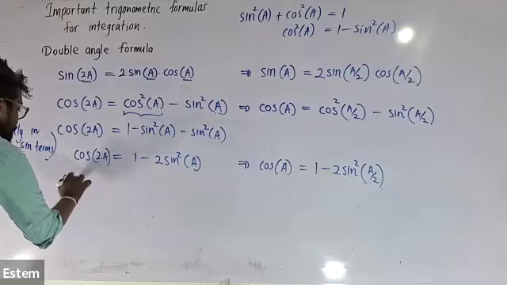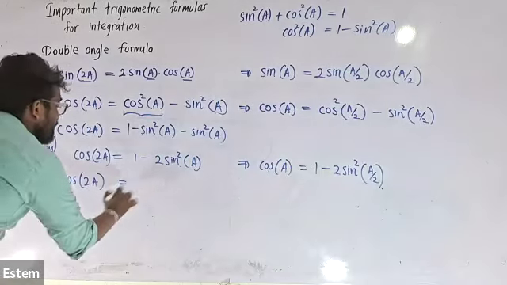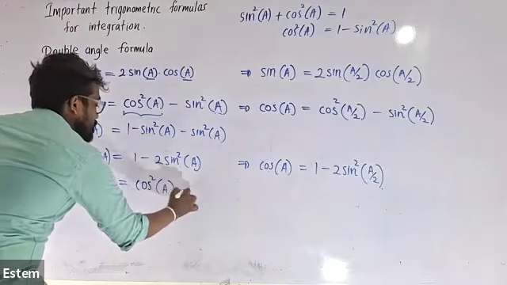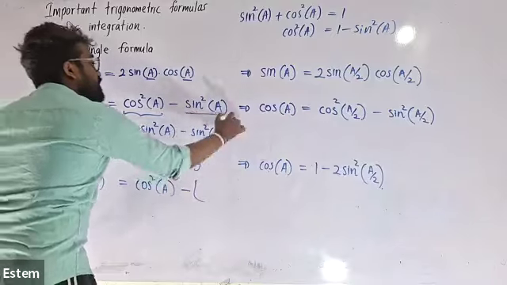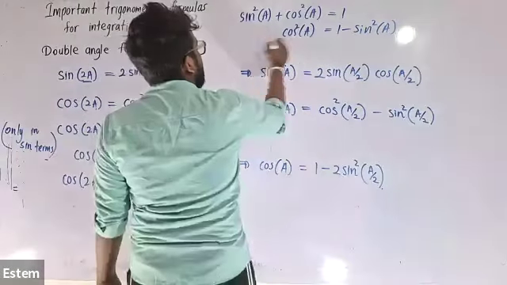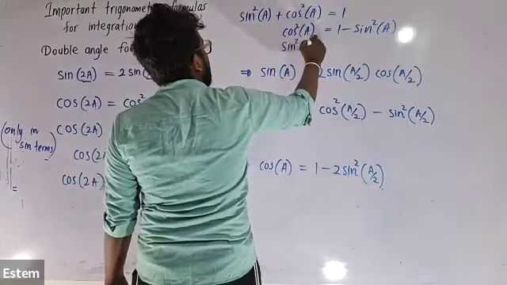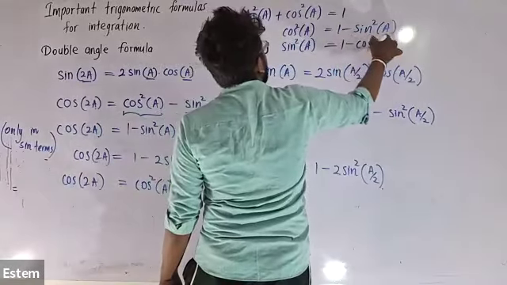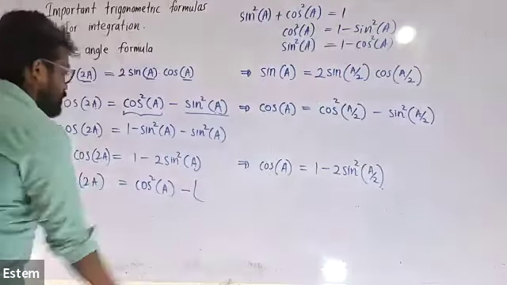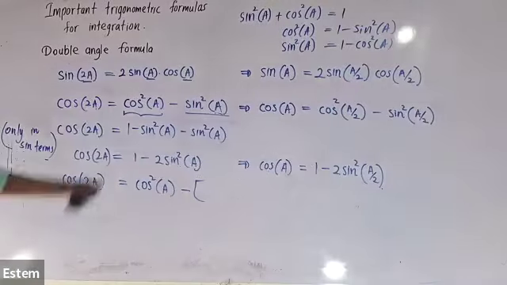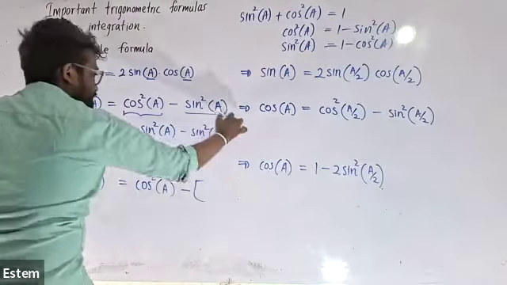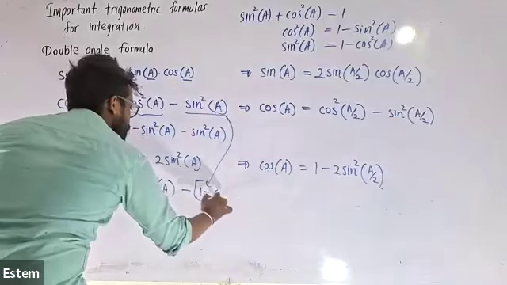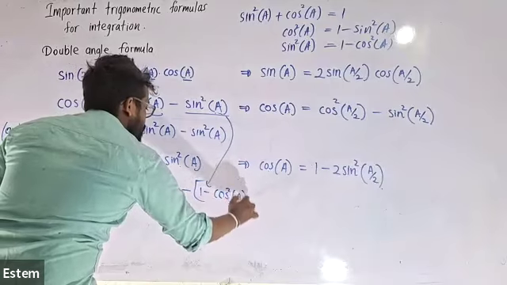For cos 2a, there is another formula also, only in terms of cos. In cos squared a minus sin squared a, we can replace this sin squared a. How can we replace sin squared a? Sin squared a is 1 minus cos squared a.